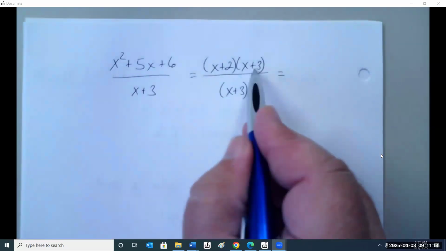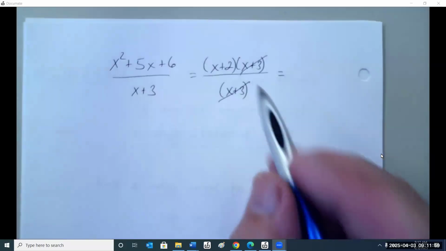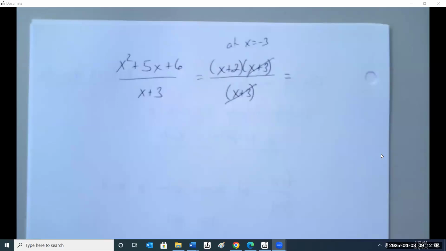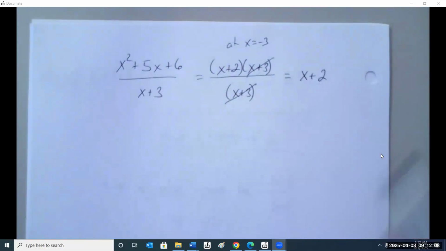So the top factors out into this, and we see that those cancel. Those are the parts at x equals -3. This is why it equals 0. So what I'm left with is that.